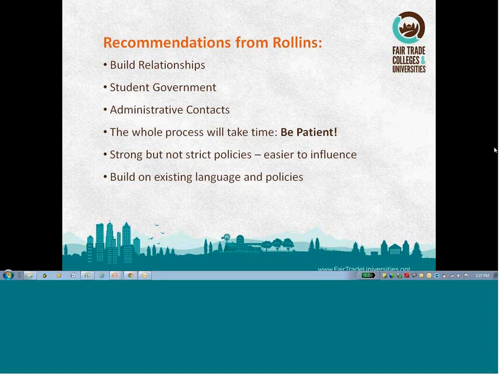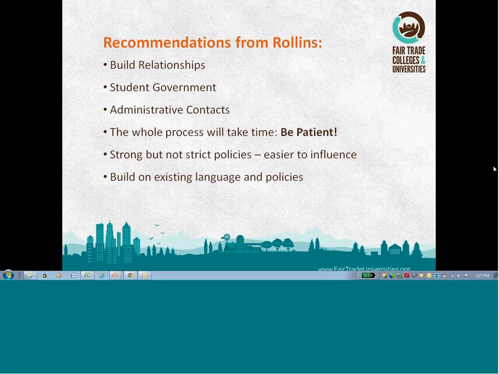I thought that we would be able to get through it, and I even gave us plenty of time, 6 to 8 months, and it took a solid year to get through all the processes to make sure that we had all of the support that we could get from all the different areas on the campus before it was presented to the administration here for them to approve and to sign.